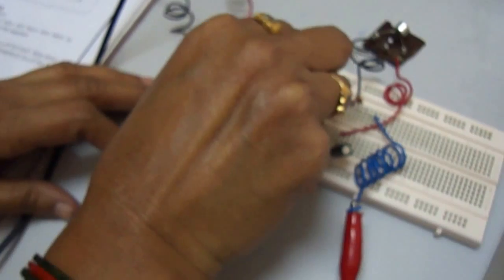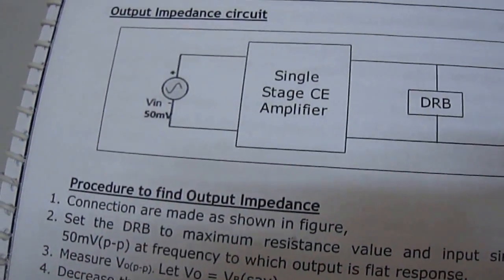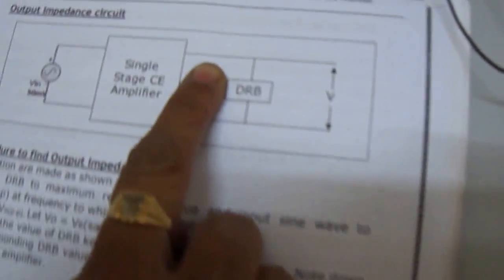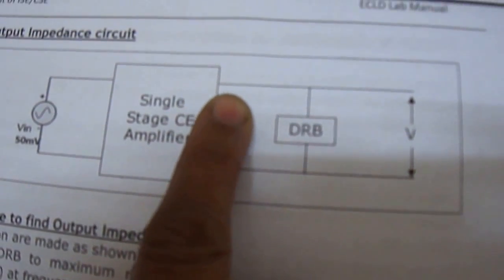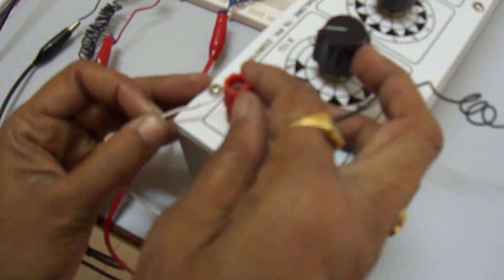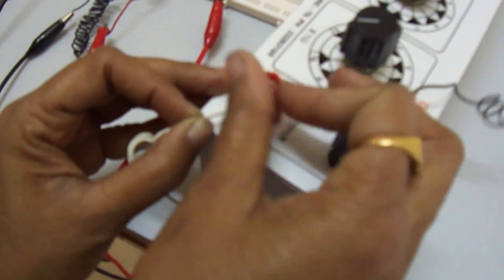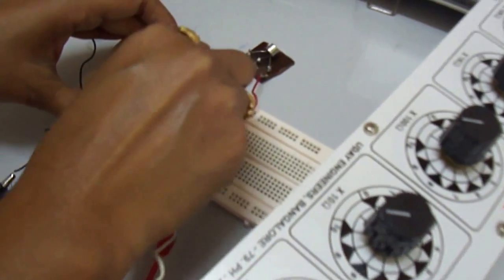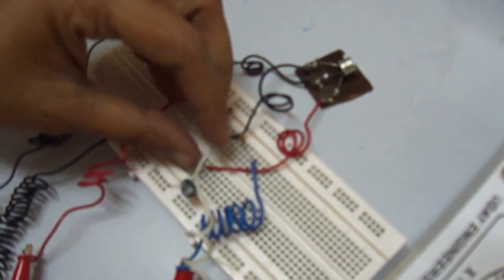So connect the function generator positive to the CE amplifier. That means here, capacitor first terminal, function generator positive. Function generator negative is connected to the ground. Next, DRB positive is connected to the second capacitor, the collector capacitor first terminal. DRB positive is connected to the collector terminal first capacitor here.